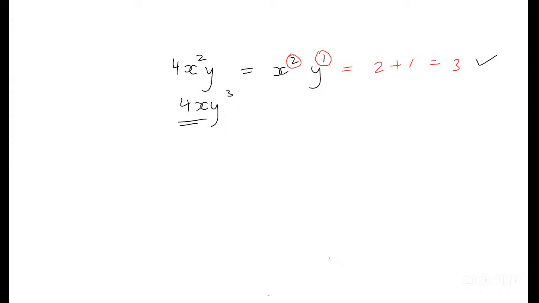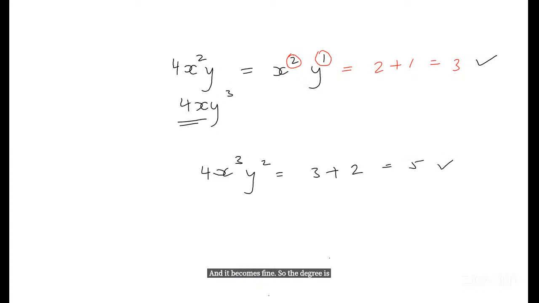Okay. Suppose I am having 4 x raised to the power 3 y 2. Okay. Then again, take the sum of the powers, that is 3 plus 2. It becomes 5. So the degree is 5. Okay. You can write the definition.